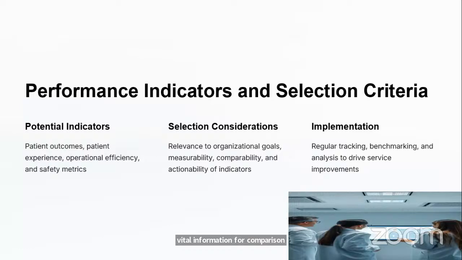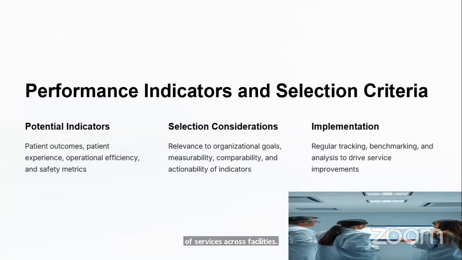Then comparability again. Once we measure, we are able to collect reliable data, and we can now compare them with some other standardized indicators. This one will give us a clear comparison of services across facilities and over time.